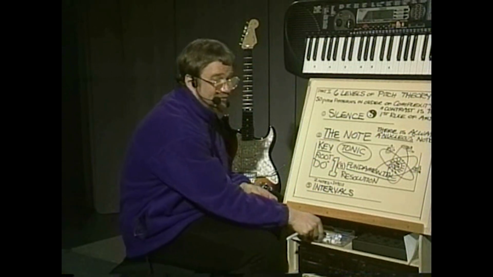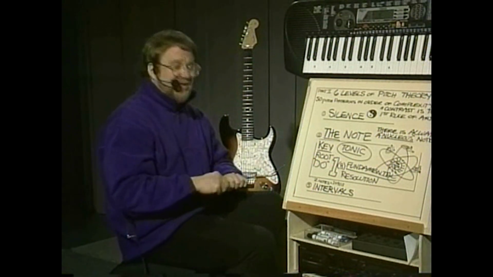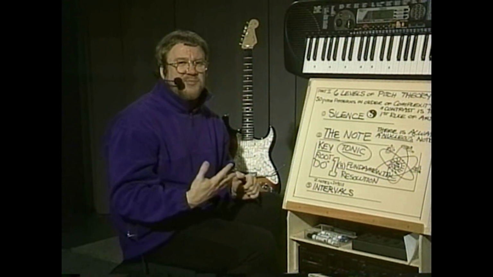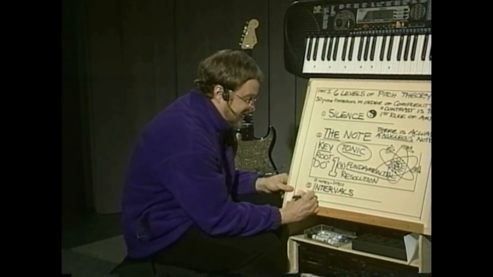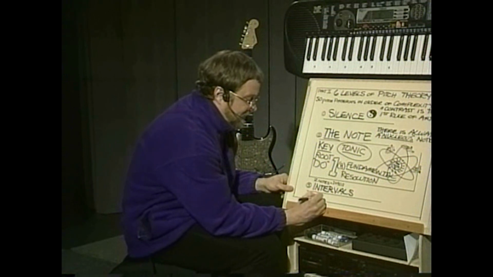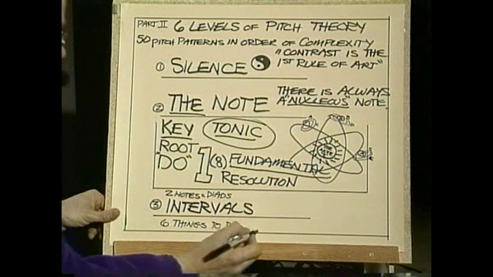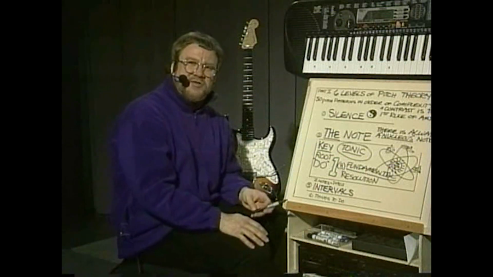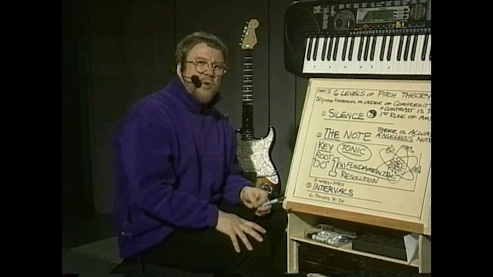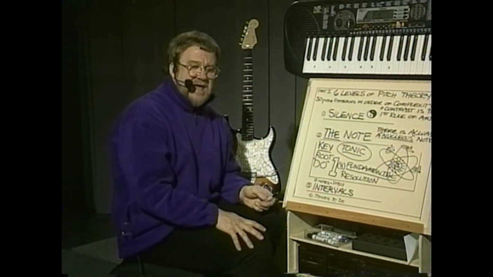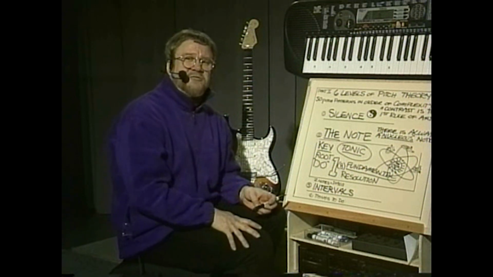In fact, I'm fond of saying that if you want to claim that you've mastered any one of the 6 levels of theory as we go on from here, there are actually 6 things to do to claim that you've mastered each level. That's what we're going to start off with next time. We're going to look at the 6 different ways that you actually have to understand your intervals. There are 13 different intervals that we're going to talk about initially, and that's what we're going to do next time. I'm sure you're going to find it fascinating.